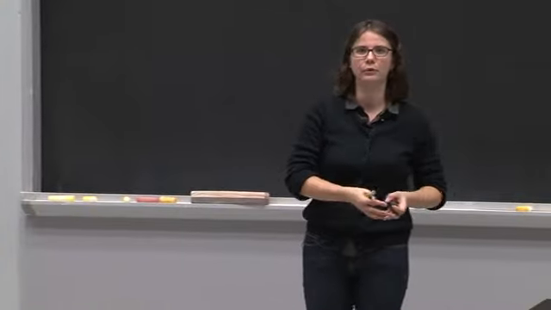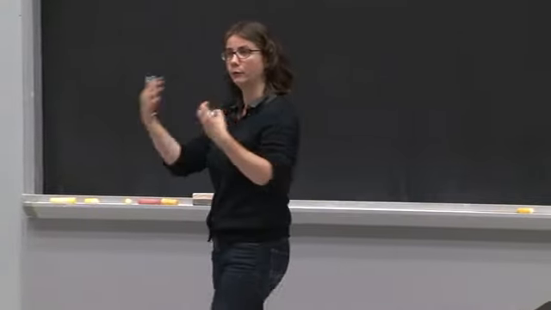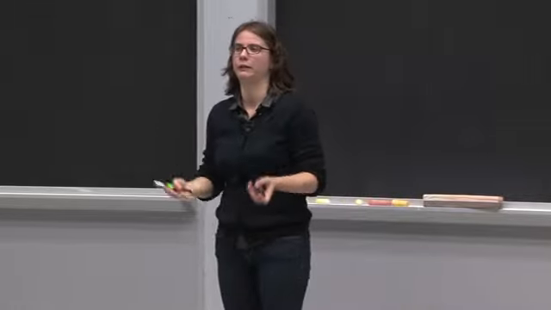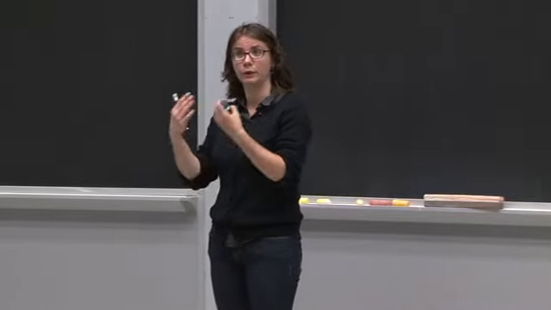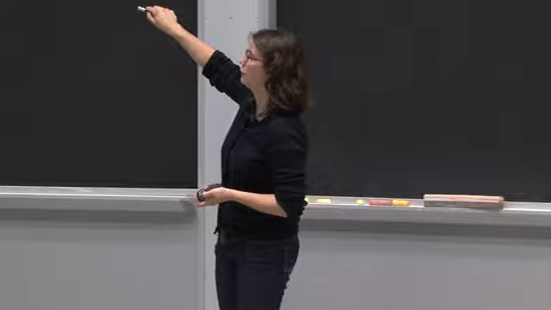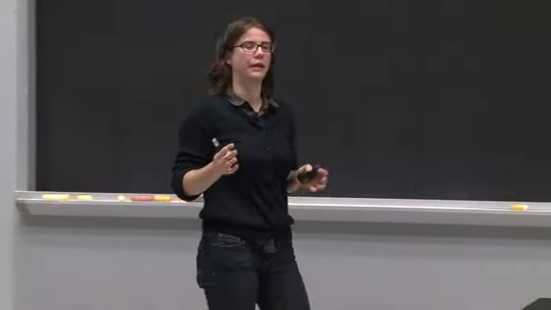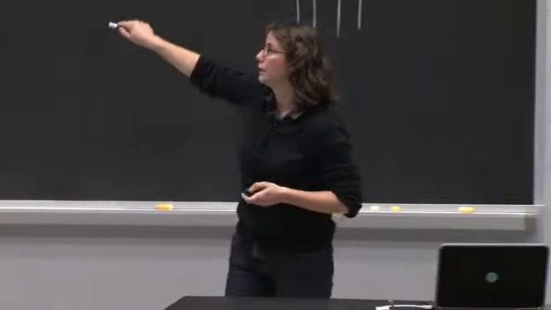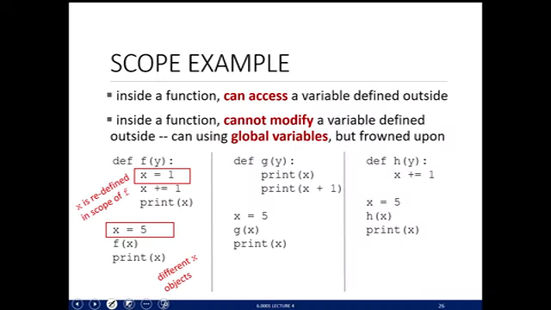So inside the global scope, you can have variables x. When you're inside a different scope, you can have whatever variable names you want. And when you're inside that scope, Python's going to use those variable names. So they don't interfere with each other at all. So in this example, I've defined a variable x is equal to 1, and then I increment it. And that doesn't interfere with the fact that we have a variable x outside.